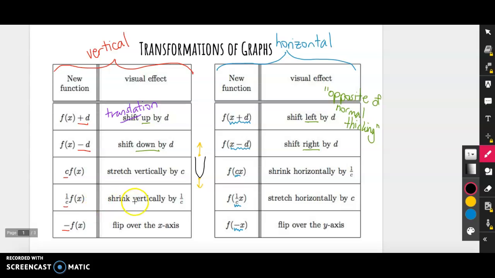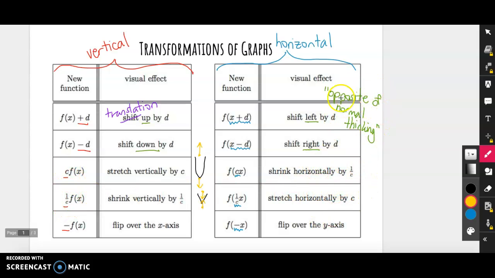If you have a vertical shrink, so if you multiply by a fraction or a decimal that's less than 1, so like 0.8 or 1/3 or 1/4, 0.25, what that does is it takes your graph, let's say we had an absolute value graph, and it shrinks it. So you're grabbing your graph from the top and the bottom and you're pushing in on it. So vertically it shrinks your graph, which makes it fatter, but vertically it squishes your graph. Okay, and that makes sense.